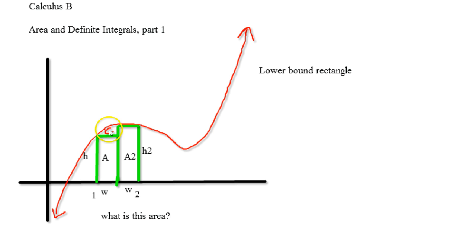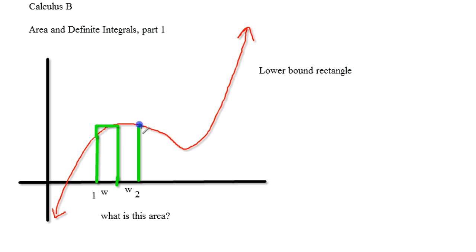Let's get rid of those. Then I'm going to take a look at these right here. So that's a lower bound, so we're underestimating on that one. Now let's say we want to overestimate. If we overestimate, we'll go with what is called the upper bound.